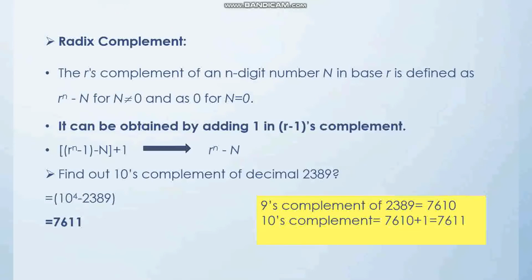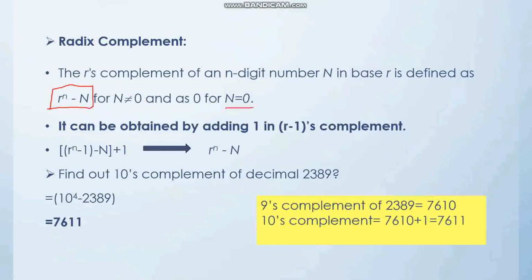Now r's complement, also called radix complement. The r's complement of an n digit number N in base r is defined as r raised to the power n minus N. This is the formula for calculating the radix complement for N not equal to 0, and 0 for N equal to 0.